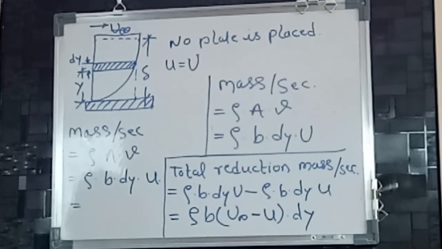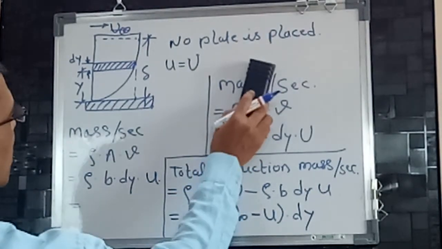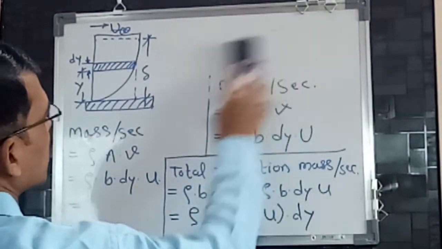Now see, the total reduction of mass per second for the whole boundary layer, we integrate. Here I will erase some part.